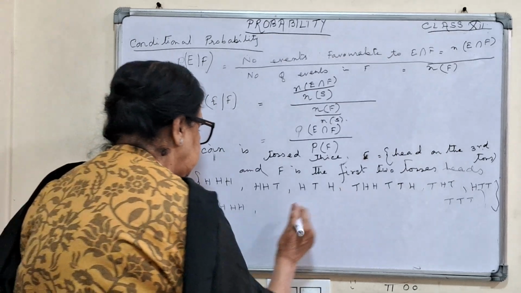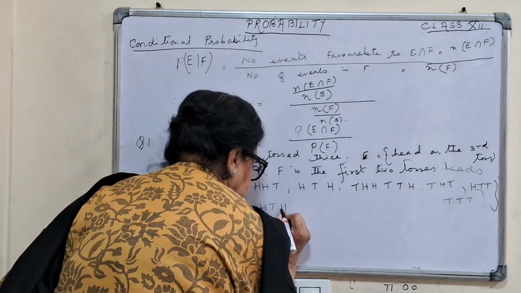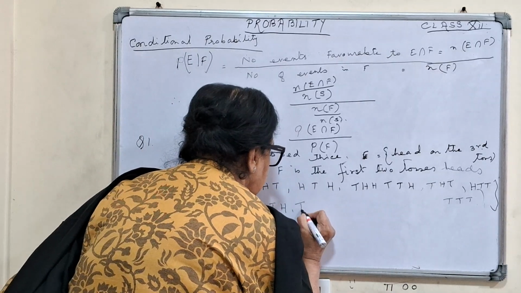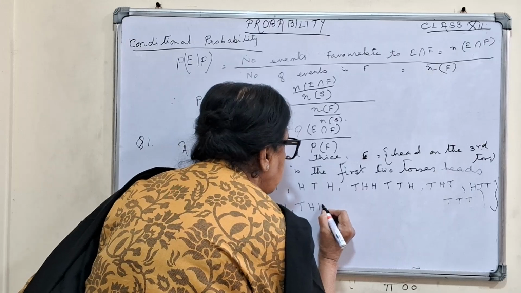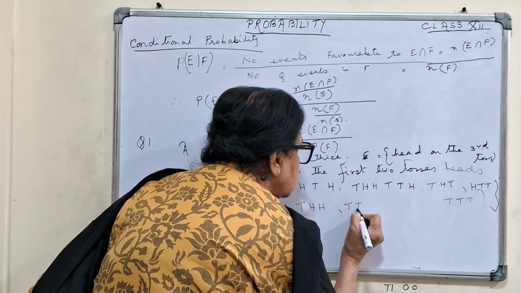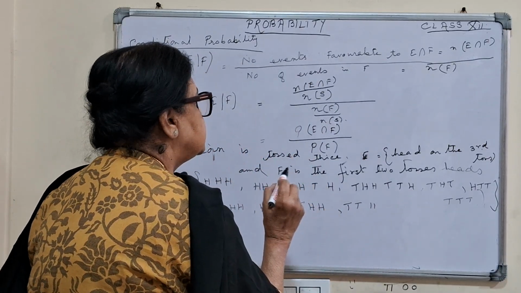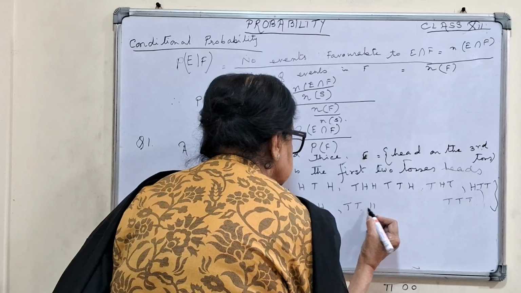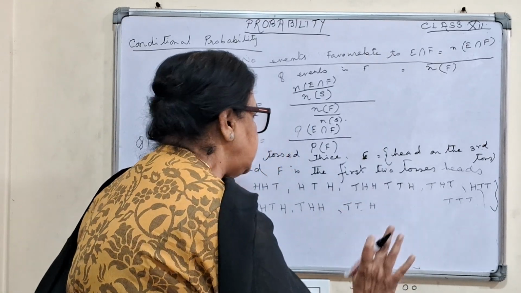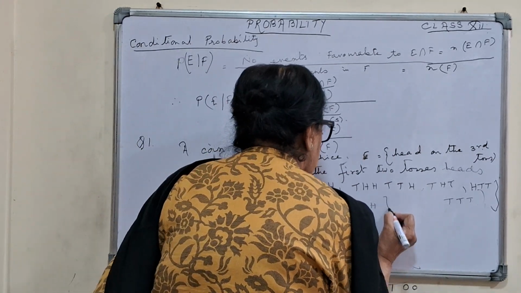And here HTH, and THH, and TTH. E is the event, third toss H, no more. So it will be 1, 2, 3, 4.